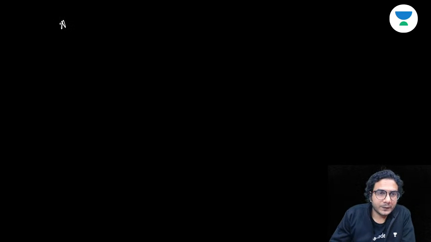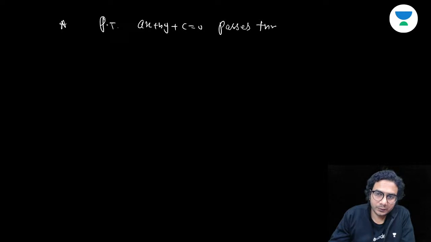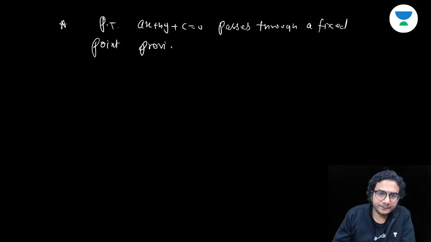All right. Now see this type of question. Prove that ax plus by plus c is equal to 0 passes through a fixed point, provided a, b and c are in AP.